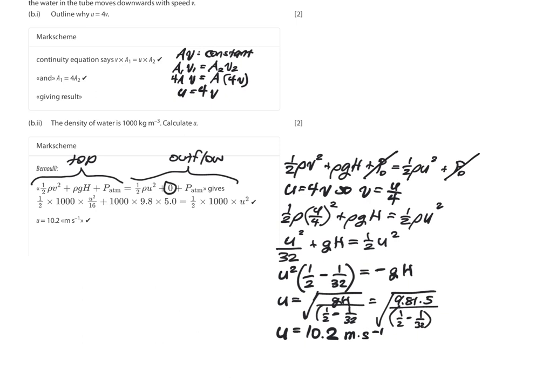It's funny that they gave the density of the water, because the density drops out of the expression, right around there. So you didn't actually need the density to solve the problem, but we still end up with 10.2 meters per second for u, the outflow speed from the pipe.